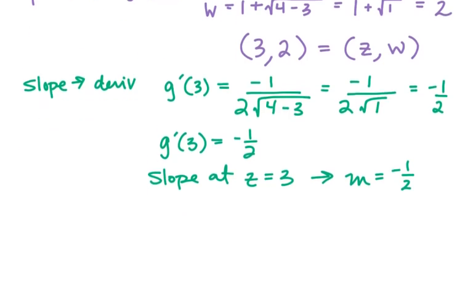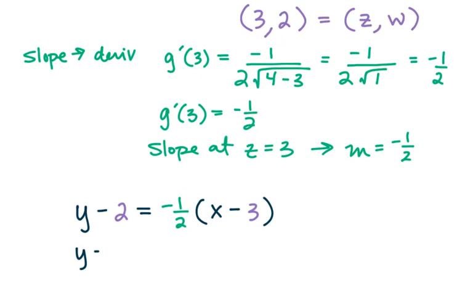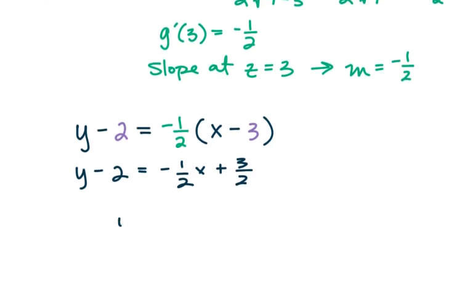So if we need to write the equation of this tangent line, I would say y minus, my y value in this case is w, or 2, equals m, negative 1/2, times x minus, and my z value is 3. So we have y minus 2 is negative 1/2 x plus 3/2, and I would add that 2 to both sides of the equation.